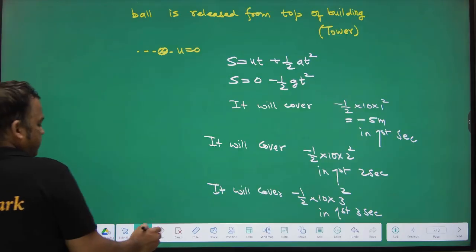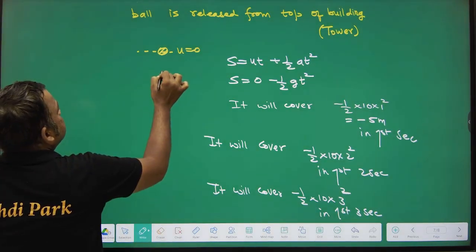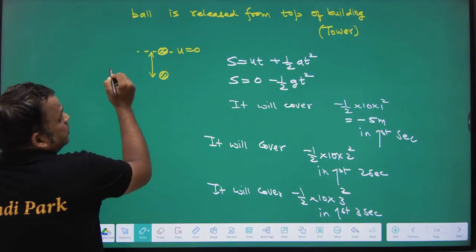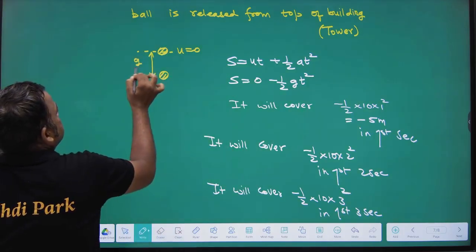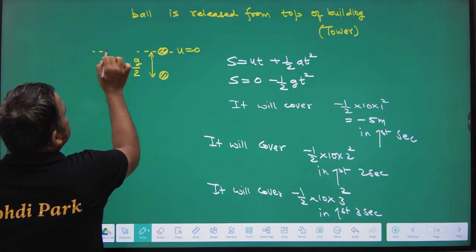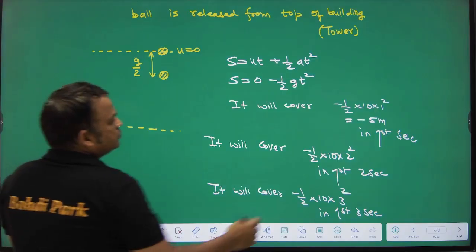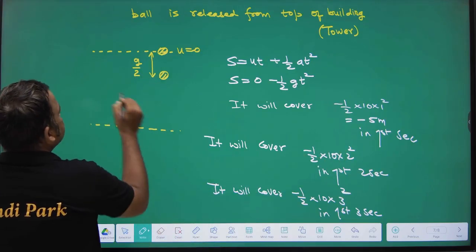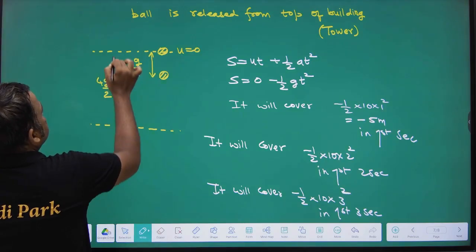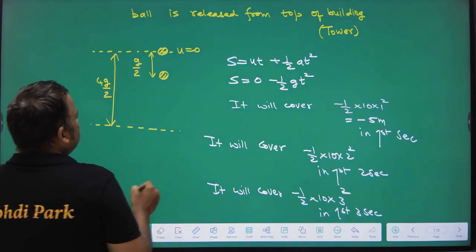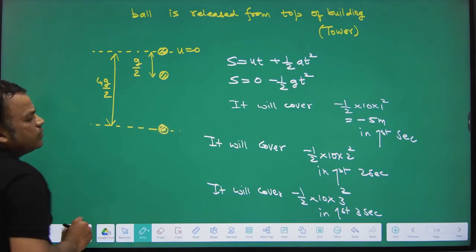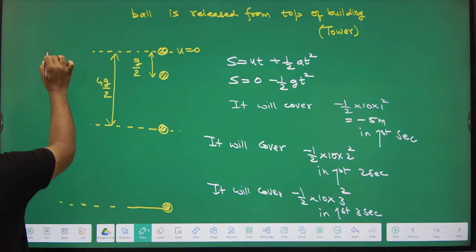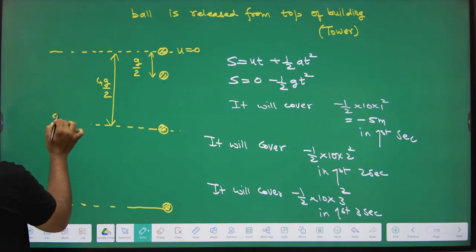If you draw the diagram, it will look like this. In the first second, it is covering g by 2, and in the first 2 seconds it is covering 4 by 2, that is, 4g by 2, and in the first 3 seconds it is covering 9g by 2.